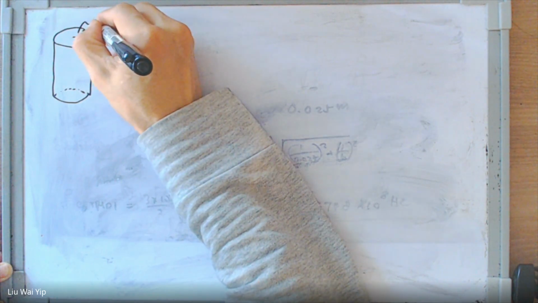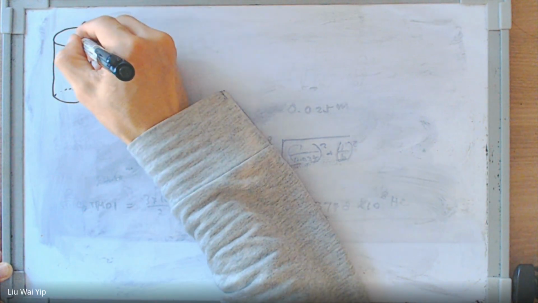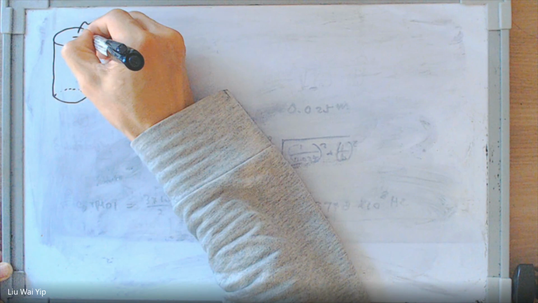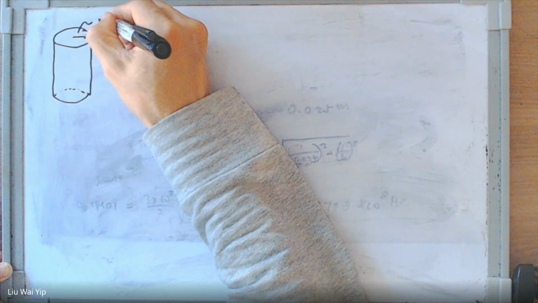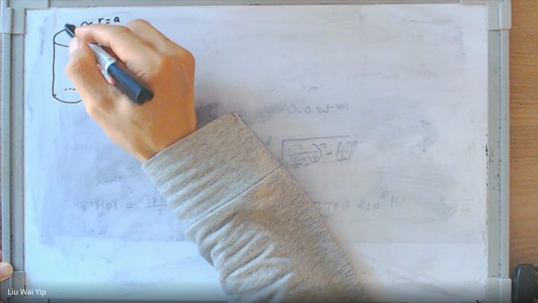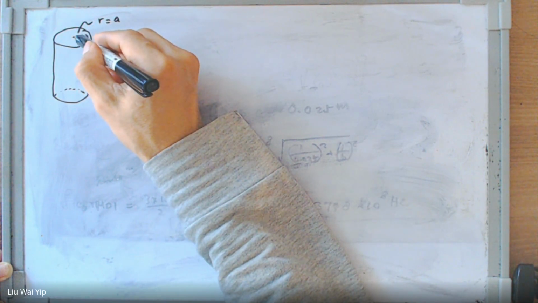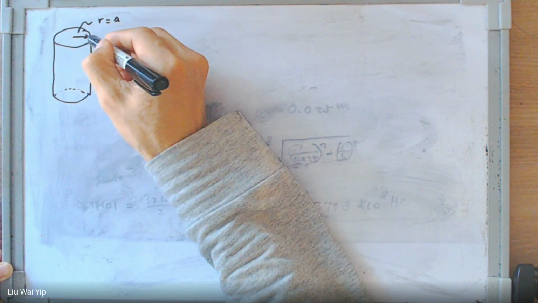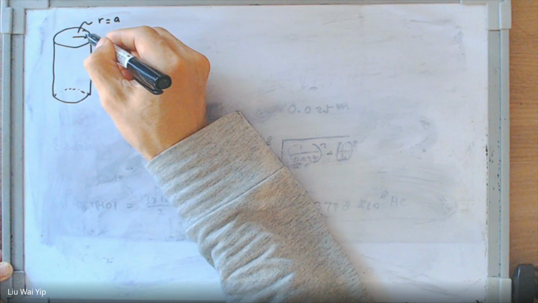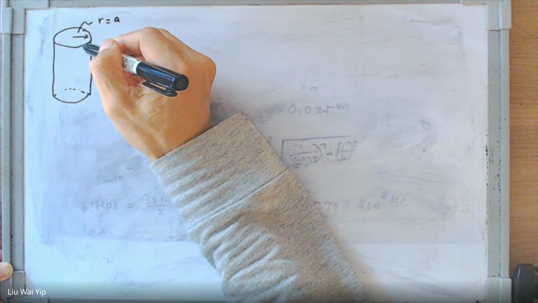The radius here is r, but the total radius is equal to a. So a represents the radius of the waveguide, but if you are talking about the inner radius at any point between the center and the outermost exterior of the waveguide, then we refer to it as r.